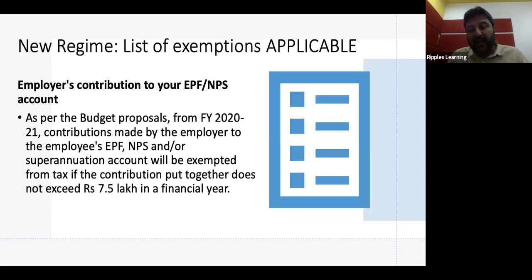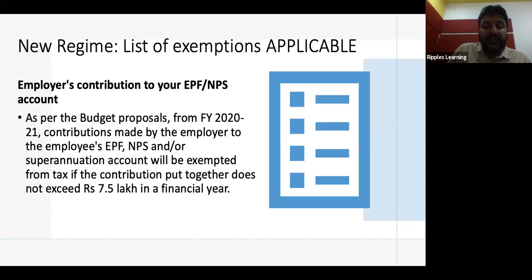What is also applicable is the employer contribution towards the pension fund. Under EPF, under provident fund, money goes into the pension fund as well. So money that is going to the pension fund, or you can also go about buying a pension fund. You have various pension schemes available in the market. If you are opting for that, then that also is exempted, only for pension, which means very long-term investment.